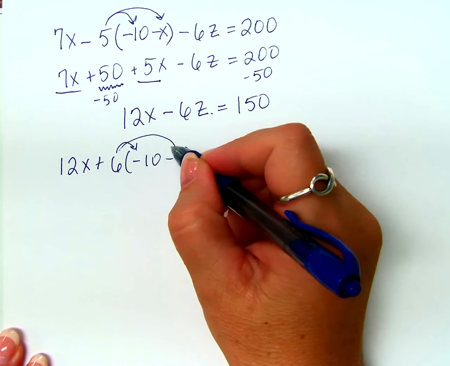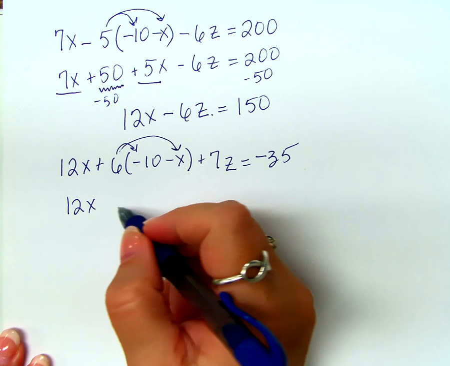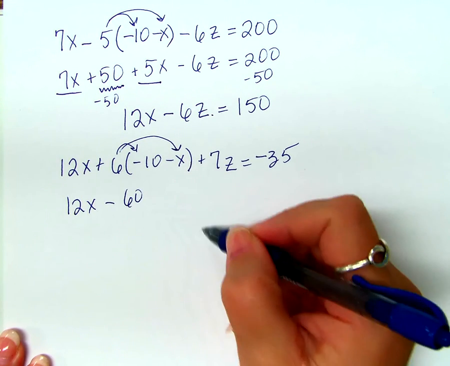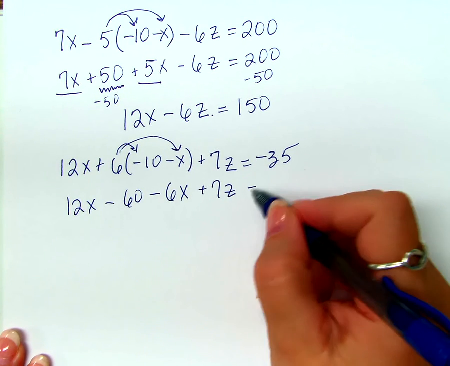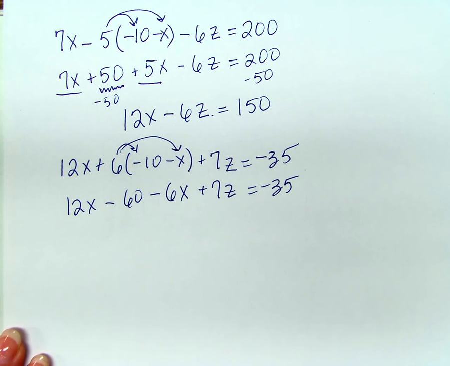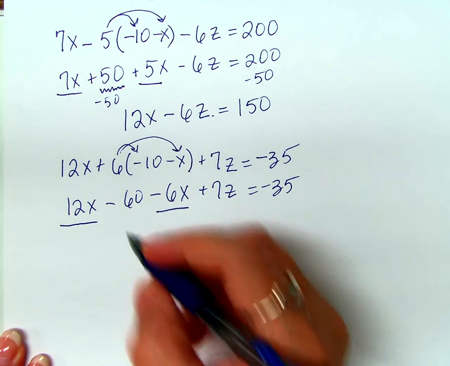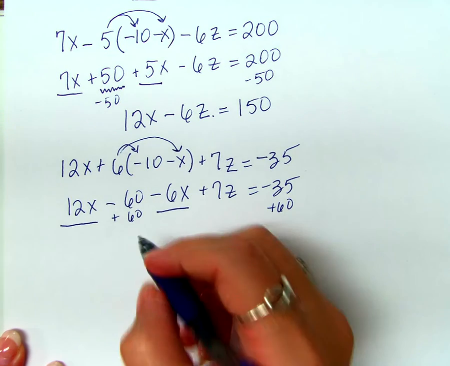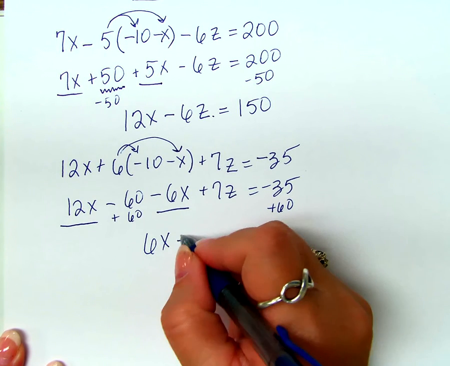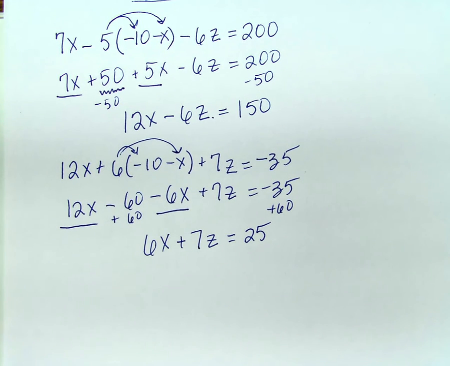Distribute. 12x minus 60 minus 6x plus 7z equals negative 35. Once again, can I do 2 steps at one time? Okay, so I'm going to combine my like terms, and then I'm going to add 60 to both sides. So I get 6x plus 7z equals 25.